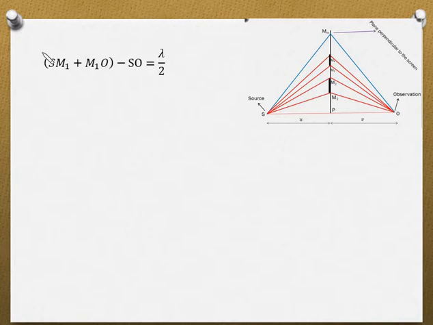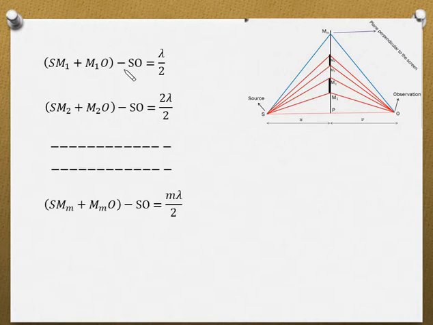So we can write this mathematically in this form. Similarly for the second case, third, and so on, and for the mth case we can write SMm plus MmO minus SO equals m lambda by 2. Let's call it equation 1.